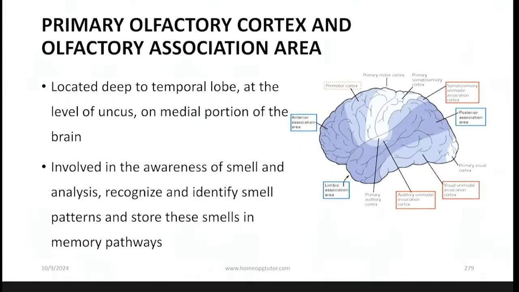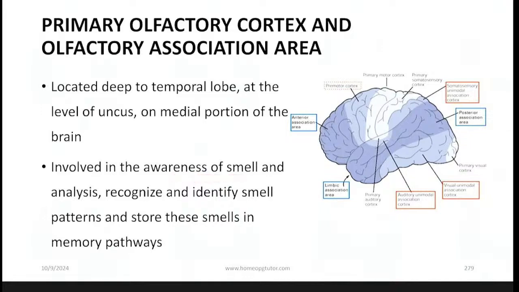Next one is the primary olfactory cortex as well as the olfactory association cortex. Now they are located deep in the temporal lobe, probably at the level of the uncus, and that too on the medial portion of the brain. See, remember the function of it, which is the most important. They are involved in awareness of smell. Okay, olfactory, right?